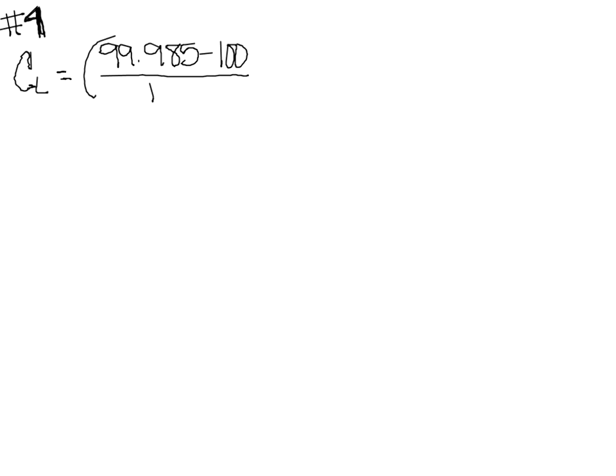Okay. So the first thing we need to do is figure out what we need to correct for. So we know we need to correct for length because it tells us that under standard conditions our tape is 99.985 feet. But we're using it as a 100-foot tape.